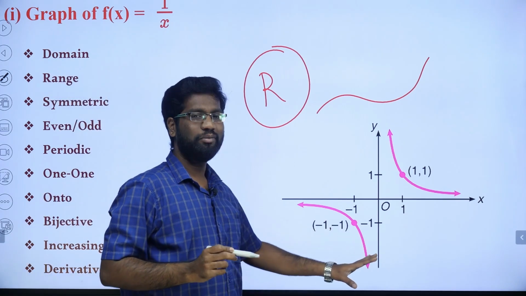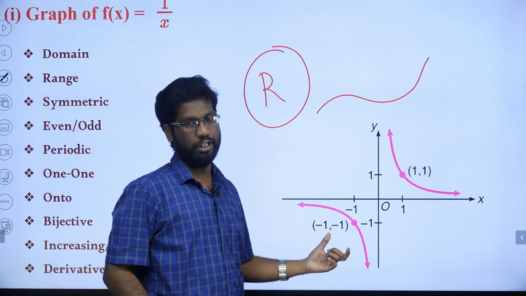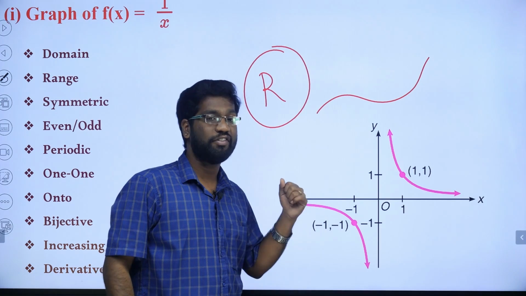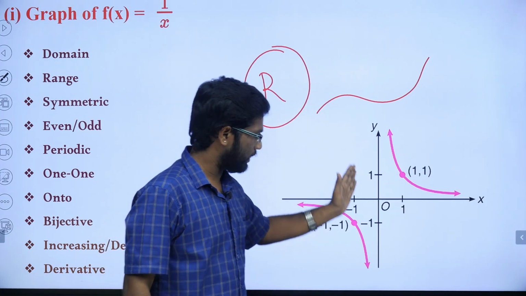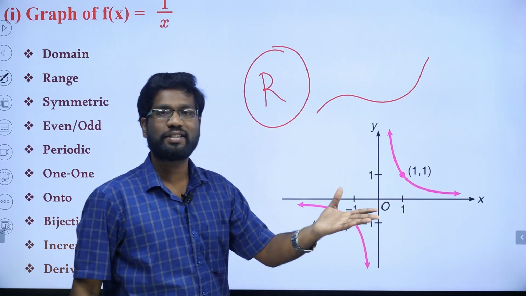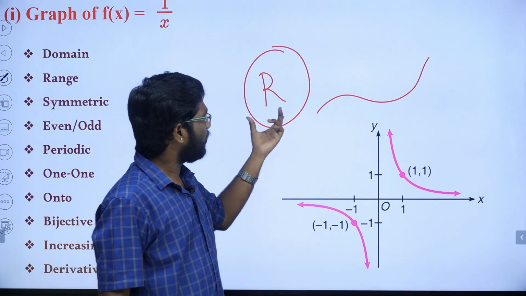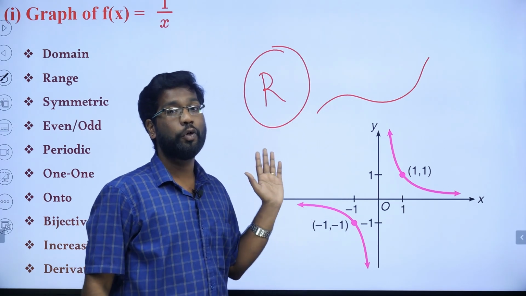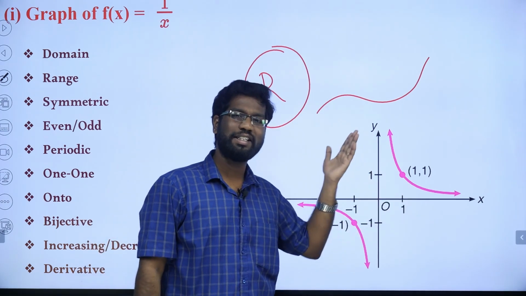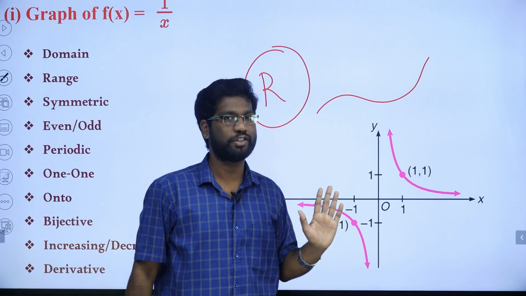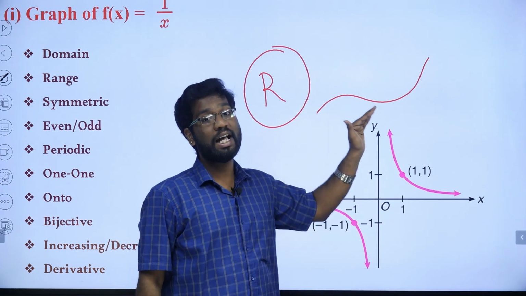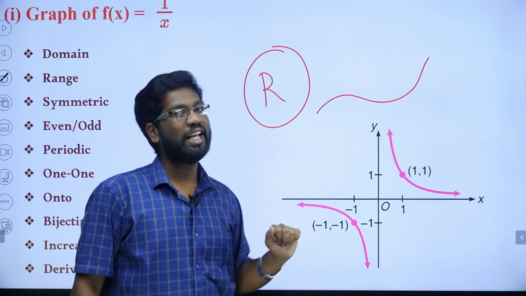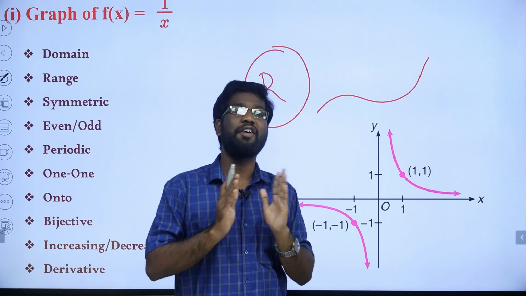This is differentiable only locally. It varies from interval to interval, my dear students. Particularly at 0, this function is undefined, so I can't say it is differentiable everywhere, as well as this is not continuous also, my dear students. If the graph is smooth as well as continuous, then only I can say this is differentiable everywhere.